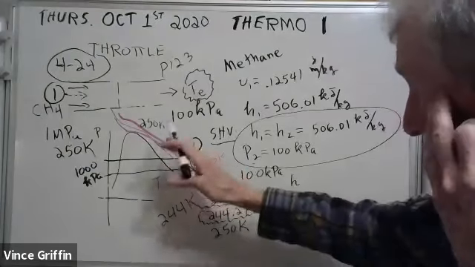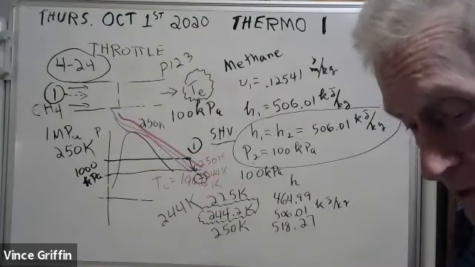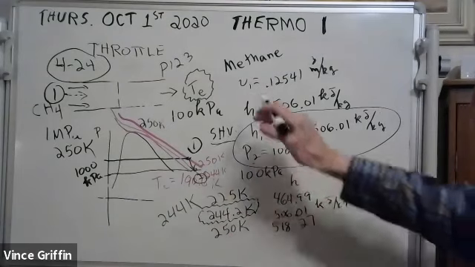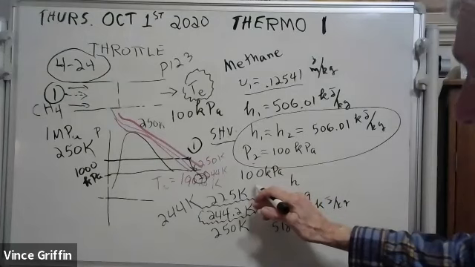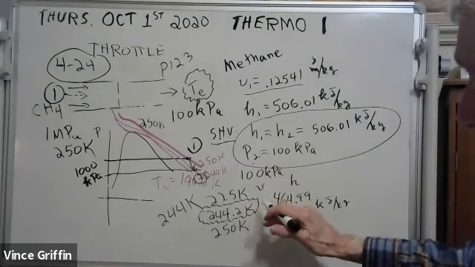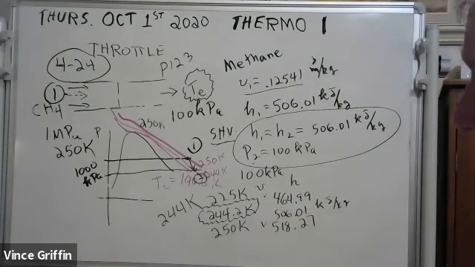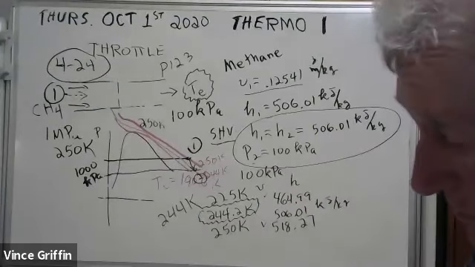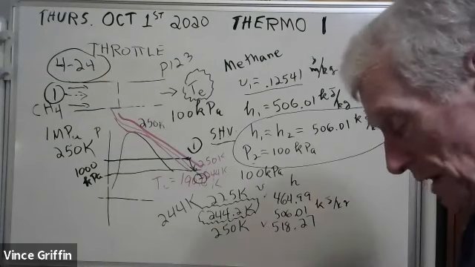I didn't draw that great, but the specific volume increases. We never got a specific volume, but we could. All you'd have to do is interpolate, write the values in here. They get bigger. Specific volume gets bigger. Temperature goes down, pressure goes down. That's what always happens in the throttle.